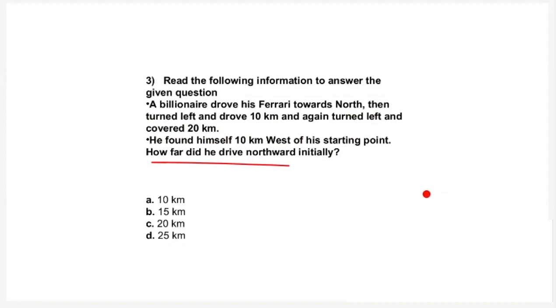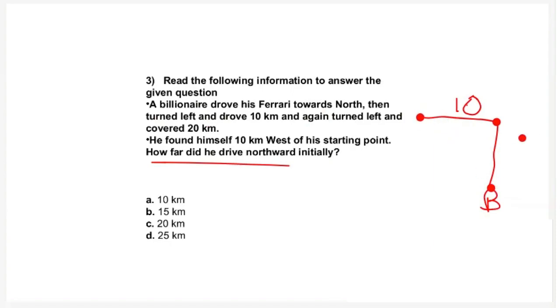We'll solve this question. Suppose this is the billionaire. He has started driving his Ferrari towards north. Then he turned left and drove 10 kilometers. Then he turned left again. These are the points till where he was driving his car.